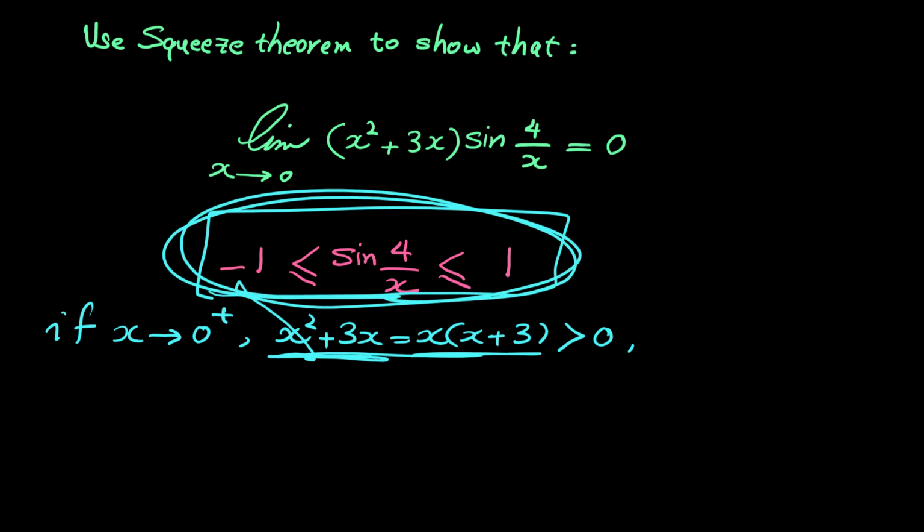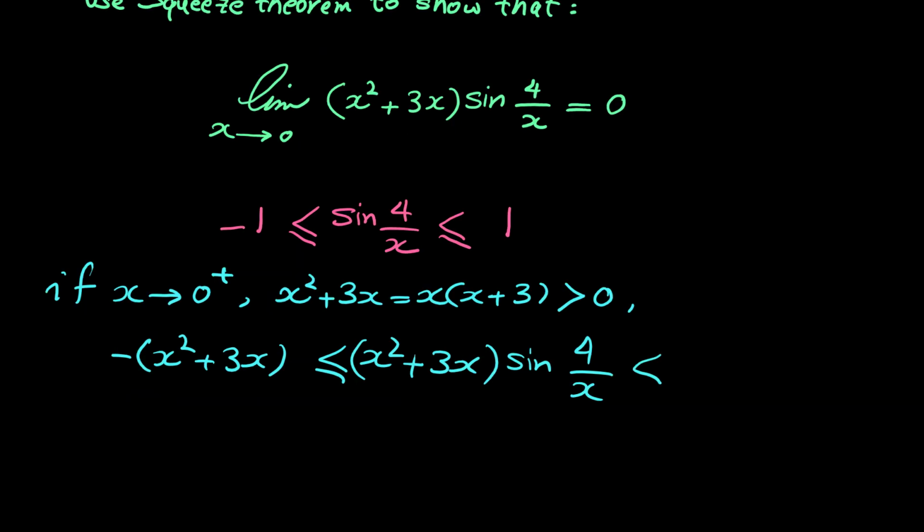So basically by multiplying, we have -(x^2 + 3x) on the left. In the middle we have (x^2 + 3x) times sine of 4 over x, and by multiplying the right side by this expression, we have x^2 + 3x here.